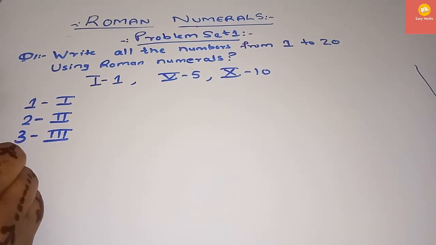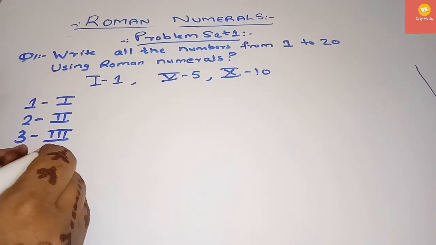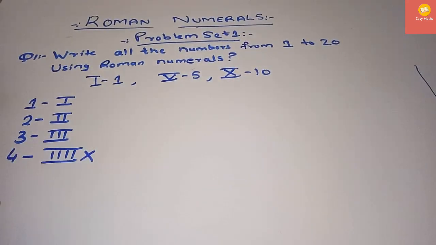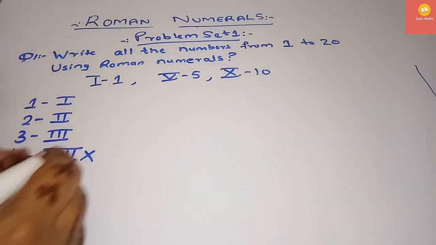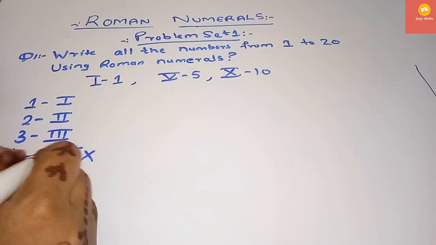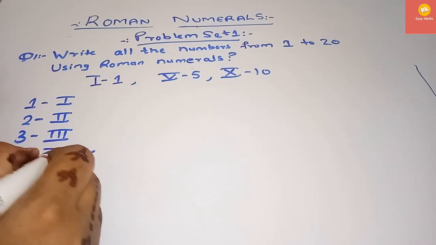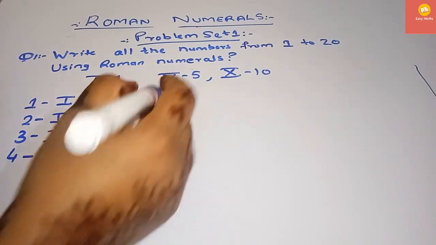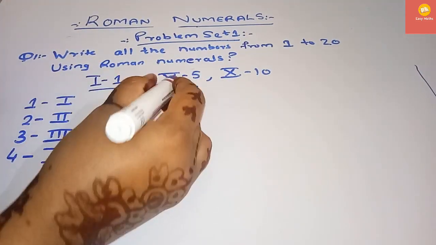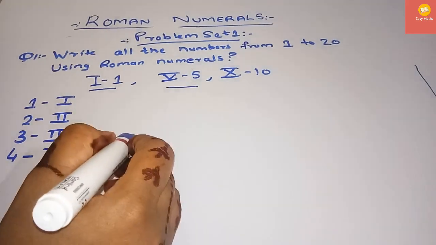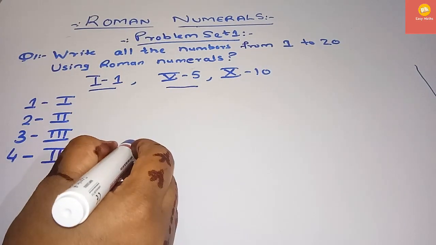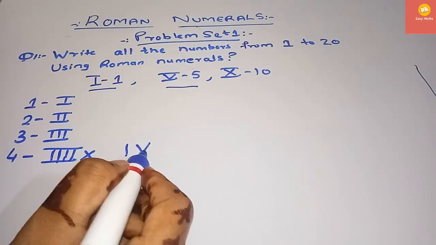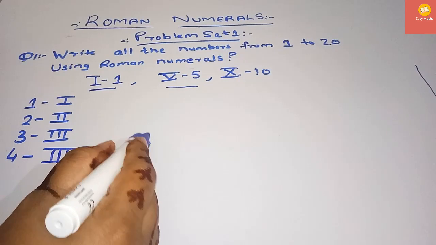Now how to write 4? Can we write 4 times I? No. Why not? Because our rule says we cannot repeat capital letters more than 3 times. So how to write 4? We have 5 and we have 1. 5 minus 1 is 4, so we need to do subtraction. 5 is a big number and I is a small number, so we put it on the left hand side.